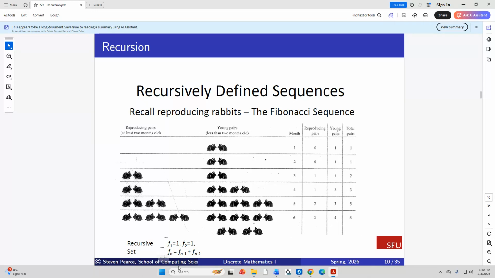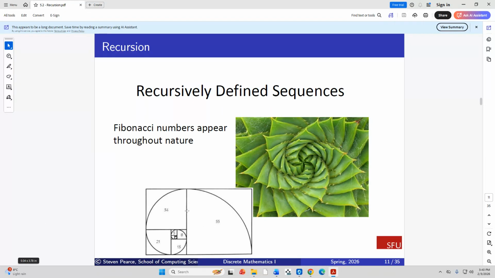In fact, the golden ratio comes from the Fibonacci sequence, from the analytic solution to the recursive set, and it has this funny number in it called phi, which is how you define the golden ratio. And we find the golden ratio all throughout nature. You've seen it. Here, this is that plant we talked about.